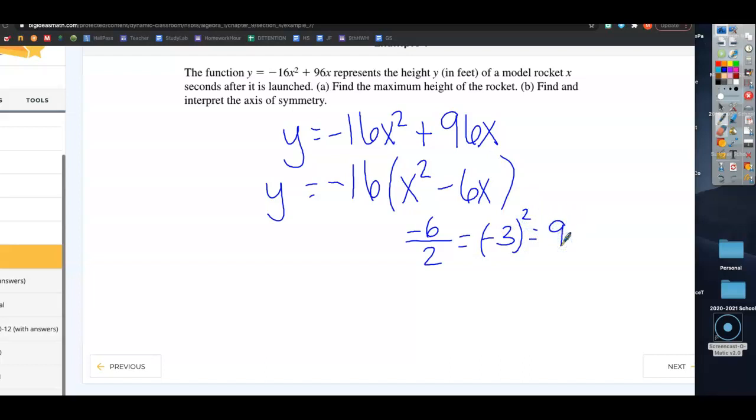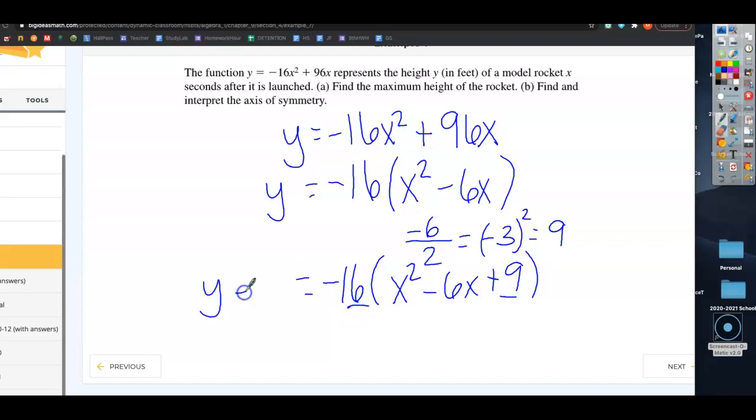So I'd have negative 16 parentheses, x squared minus 6x plus 9. On the other side, what am I really adding to the other side? Negative 16 times 9, which is negative 144.